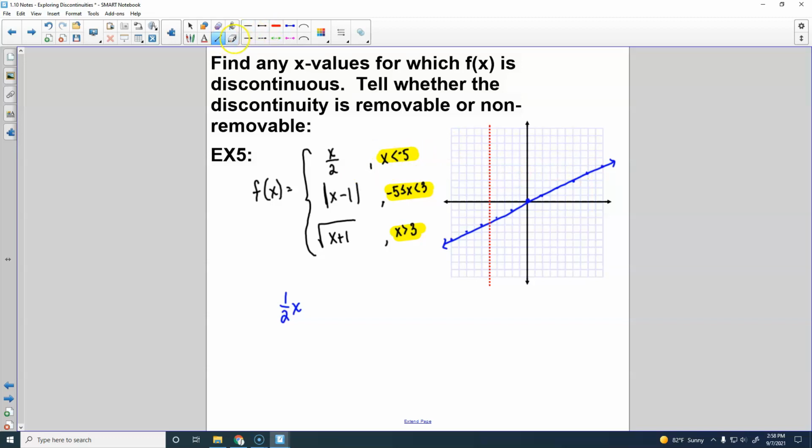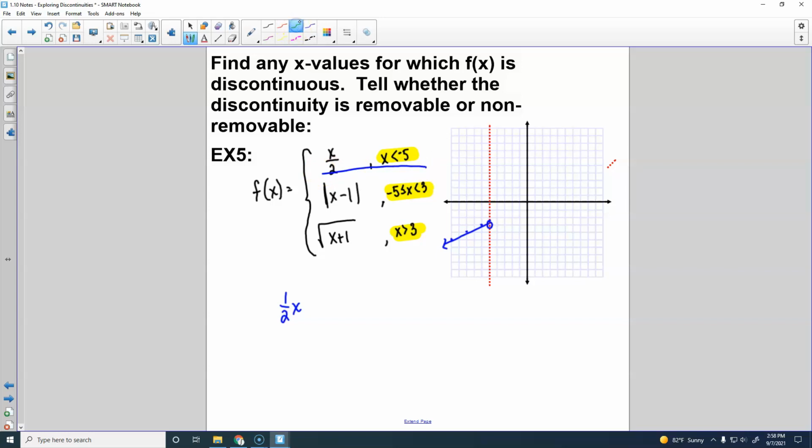So I'm going to erase everything to the right-hand side of this graph right here. And because this is a less than sign and not a less than or equal to, I'm going to use an open circle right there. Okay, so that is this piece of the graph right here.